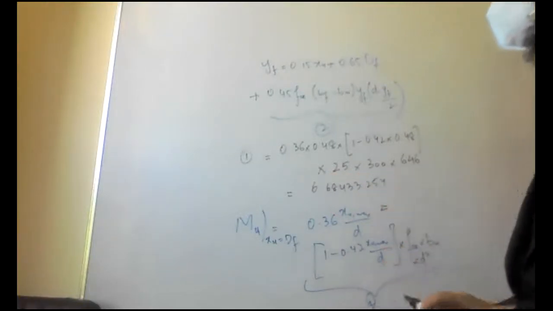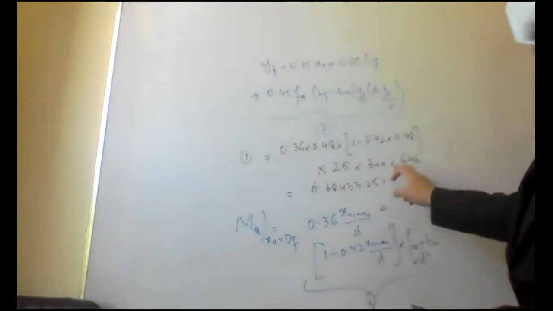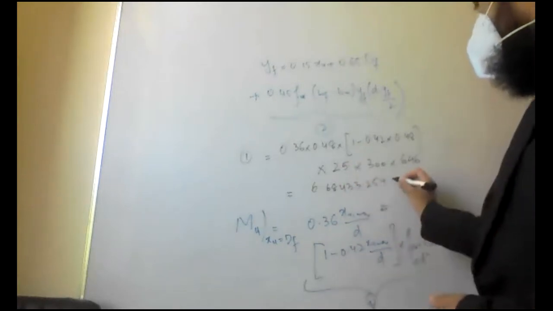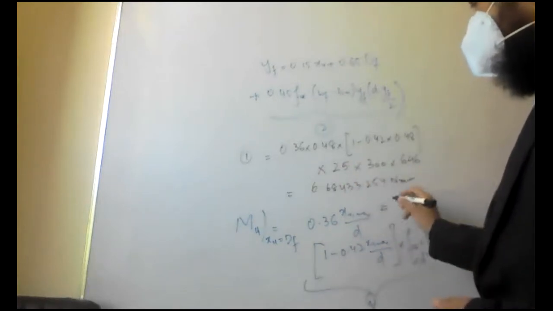668,433.254. This is in mm, right? So this is Newton mm. This is coming to be Newton mm.